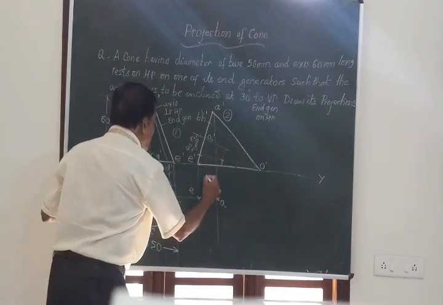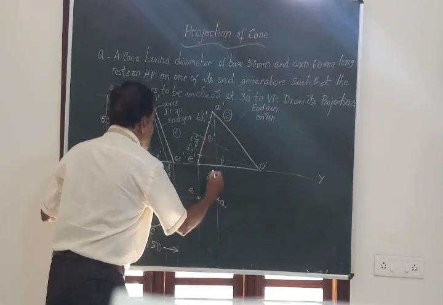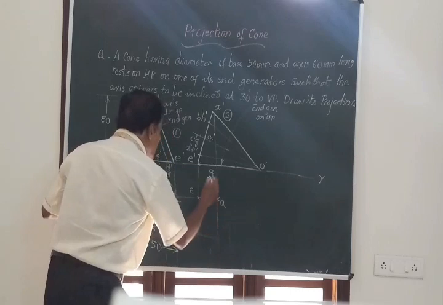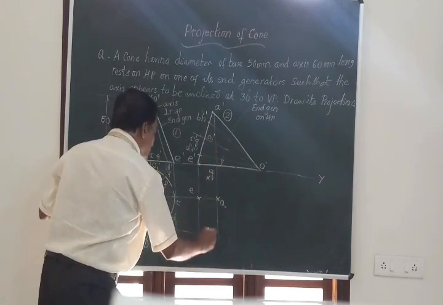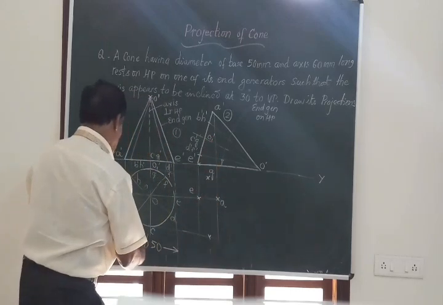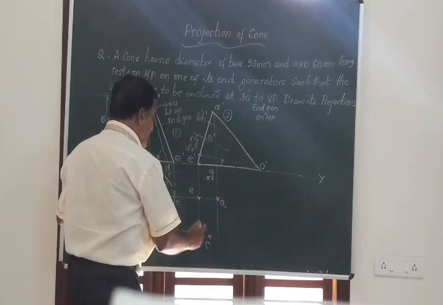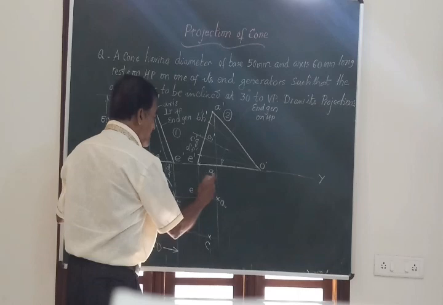A horizontal line from here. This point is G. For the bottom point, a horizontal line from here and the same vertical line through this, you will get the point C. So in between you will have B, C, D, E, F, G, etc.